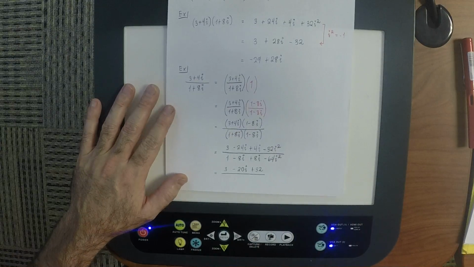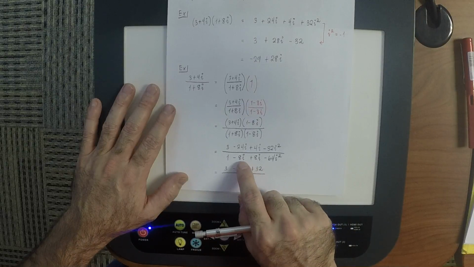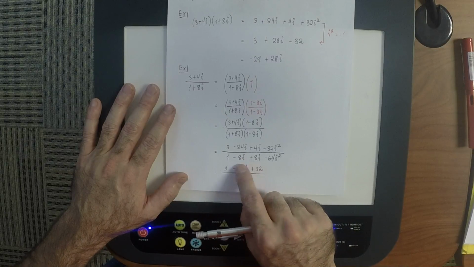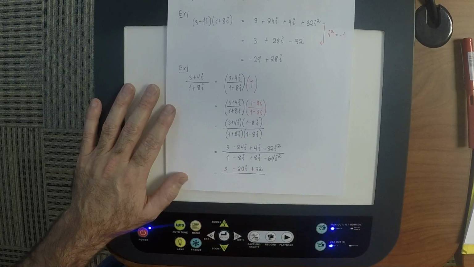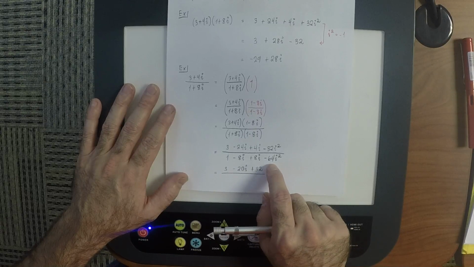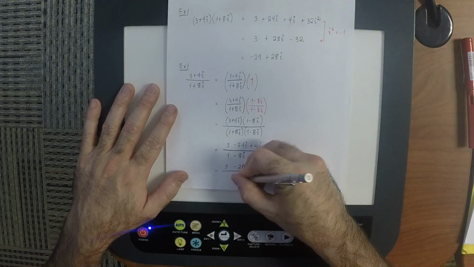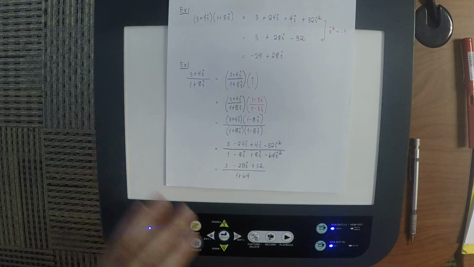And look what's going to happen in the denominator. So observe that the 8i's are going to cancel each other. So this is subtract 8i, add 8i, those operations cancel. And then this i squared will also go away. So this will be 1 plus 64.